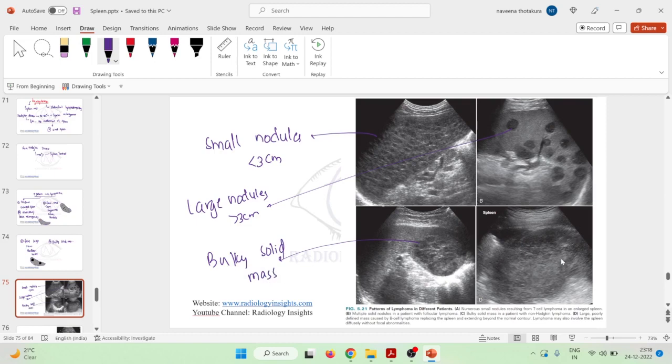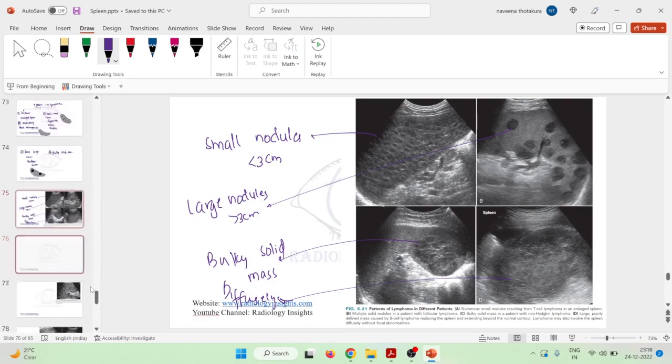And here there is diffuse involvement of the whole spleen with no focal abnormalities. So these are the four different patterns of splenic involvement seen in lymphoma.